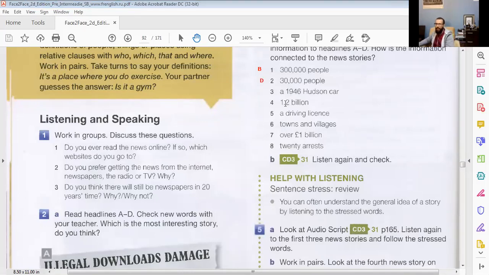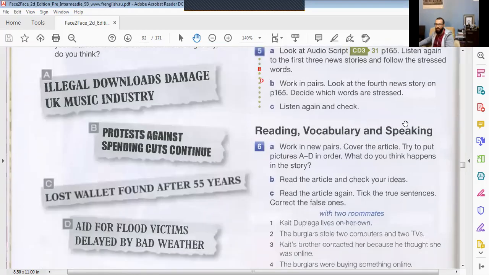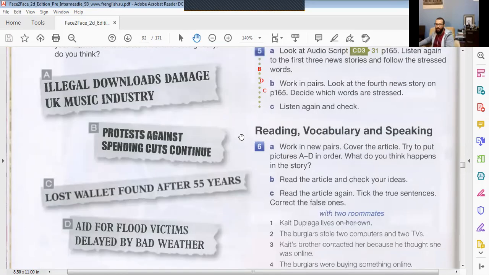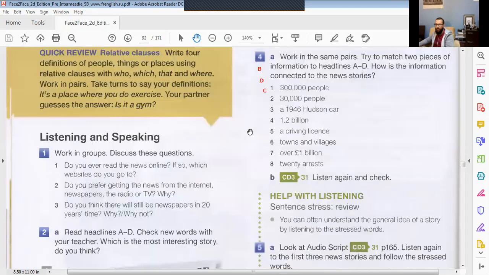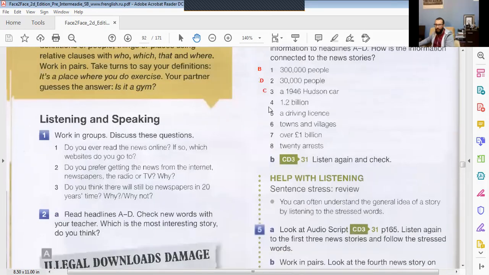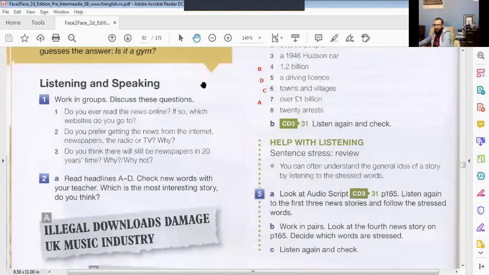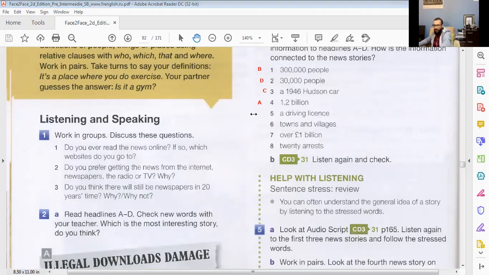Then we have a 1946 Hudson car. C. All right. Then 1.2 billion. A, okay. And after that, a driving license. C, maybe. Okay, let's write C. Then it says towns and villages.